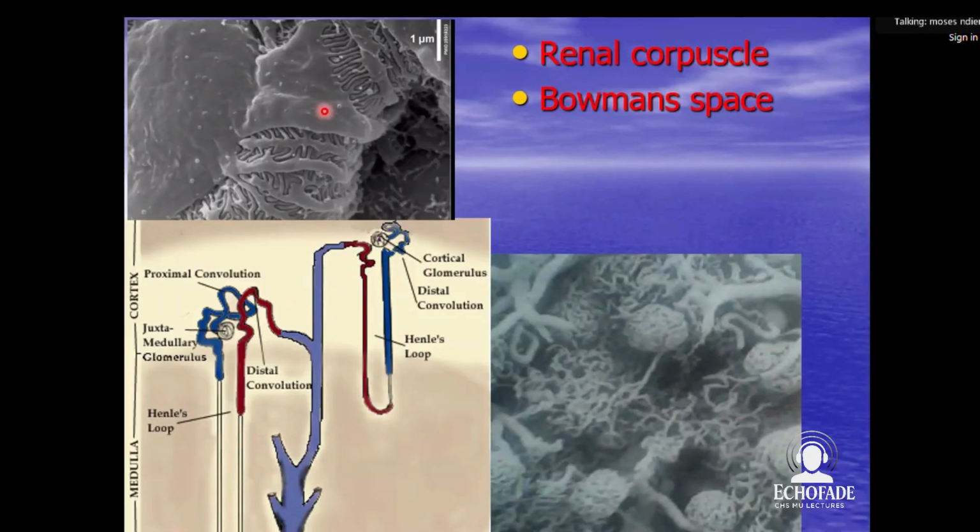One of the main functions is secretion of the mesangial matrix. The podocytes, the endothelial cells, and the blood vessels are surrounded by this mesangial matrix, and the matrix is the area where we have exchange or passage of material.